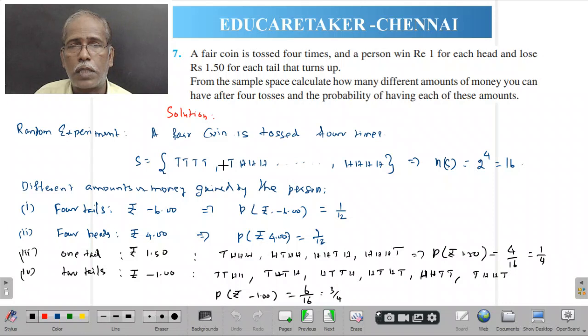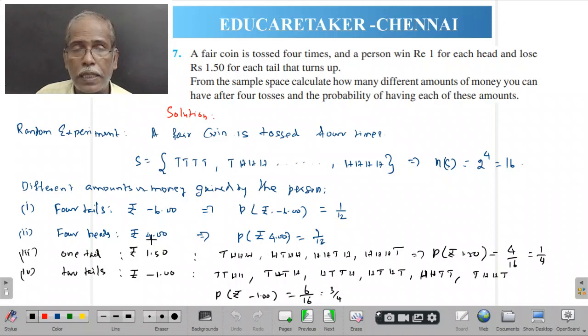So the total number of sample points is 16, and the possible money amounts are 6 rupees from 4 tosses.